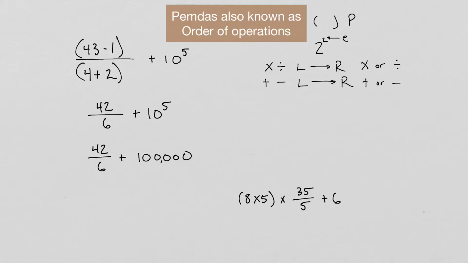Next we're going to do our multiplication or division from left to right. So 42 divided by 6 gives us 7, plus 100,000. So our answer is 100,007.